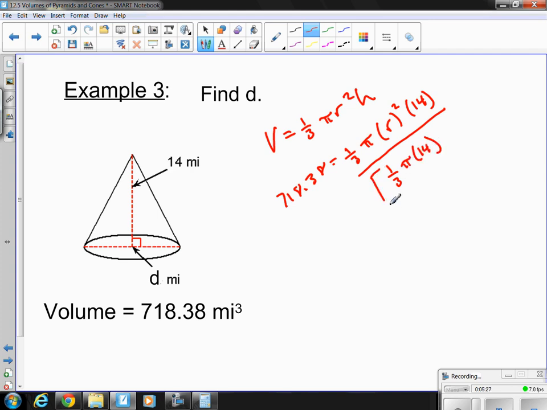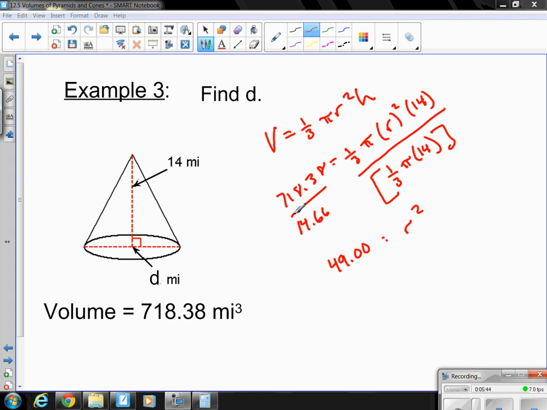Divide this whole thing by that. And I'm going to do the same thing to this side. So figuring this out, this is 14.66. Now I'm going to take 718.38 divided by 14.66. And I get 49.00.